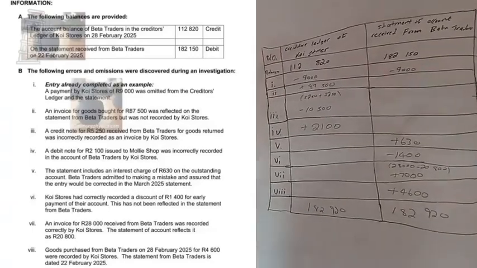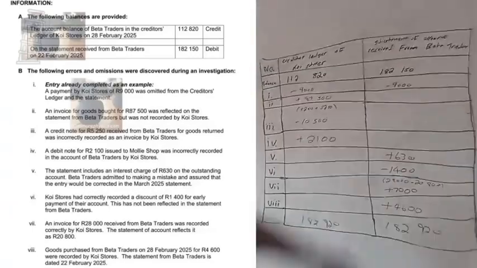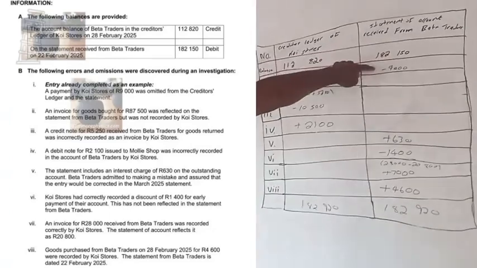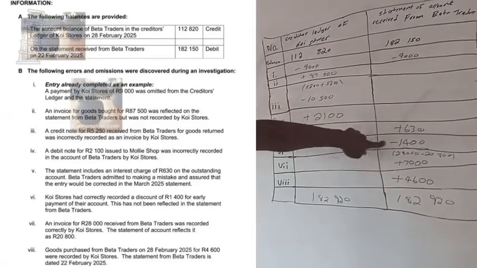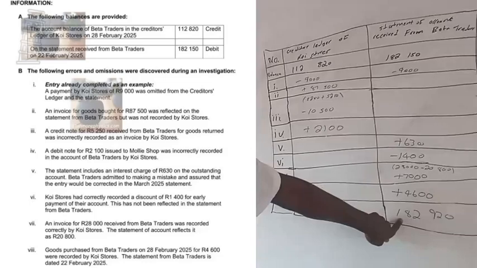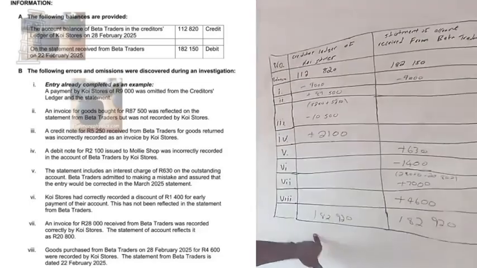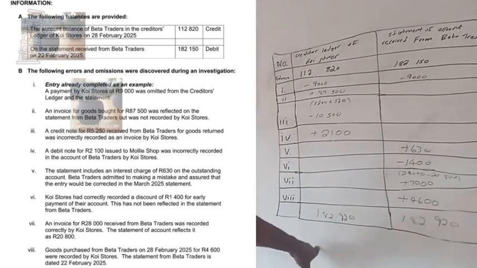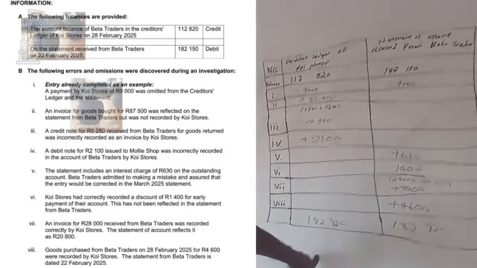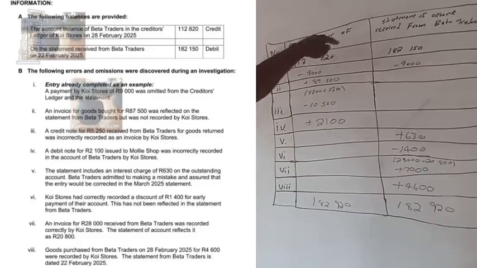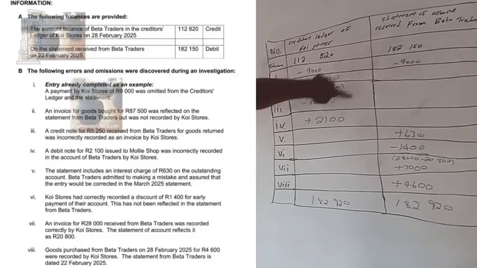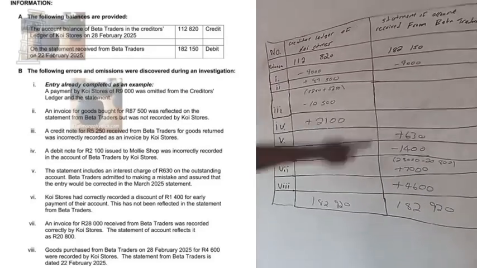Yeah. So guys, what I was saying is that you take this one, you subtract, you add, you subtract, you add, and then you get this one. So the answer that you get this side, you must also write it this side. But on this creditors reconciliation, I noticed that when you take this one and minus this one and add this one and minus this one and add this one, you won't get the same answer.